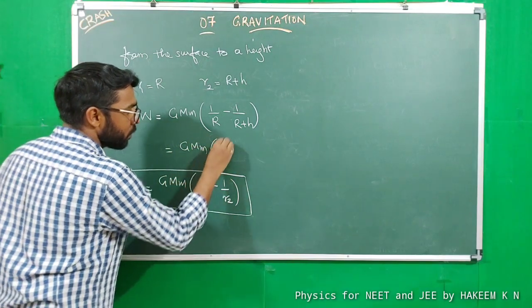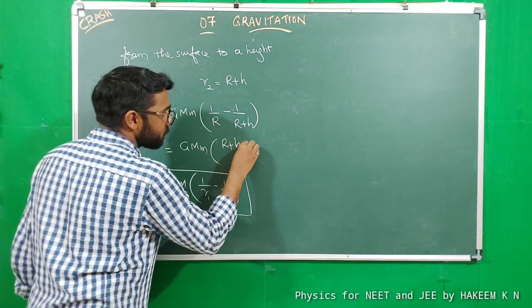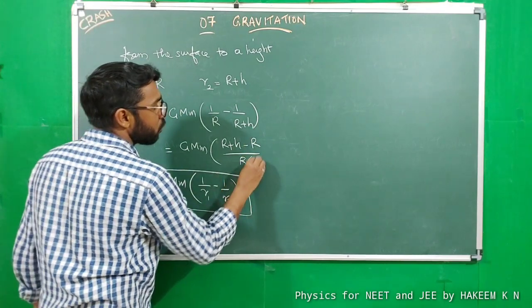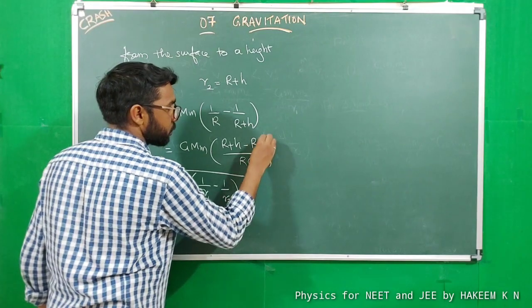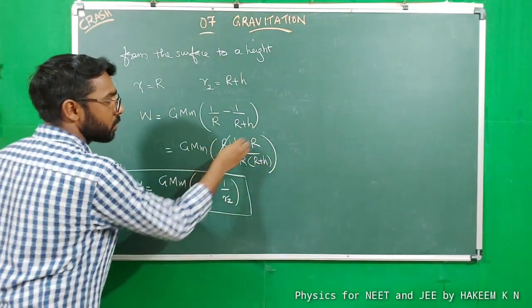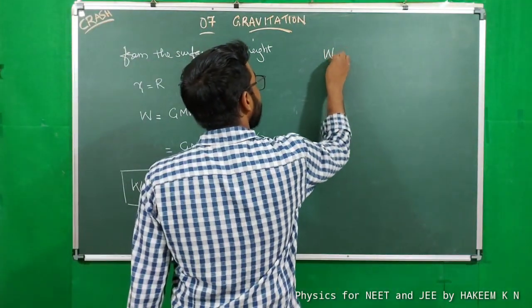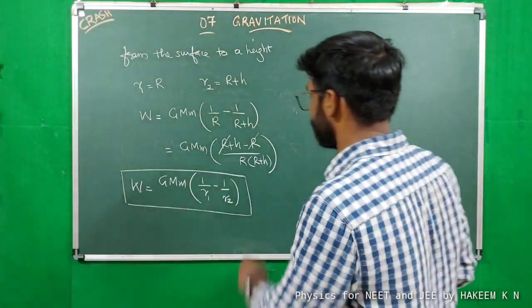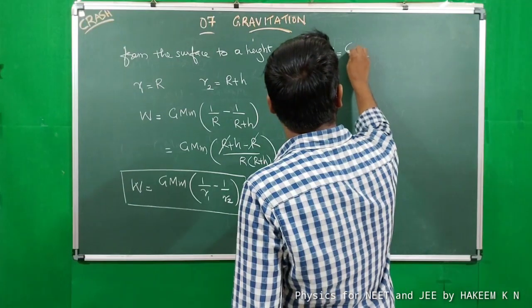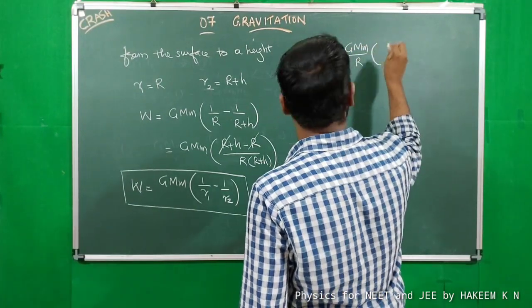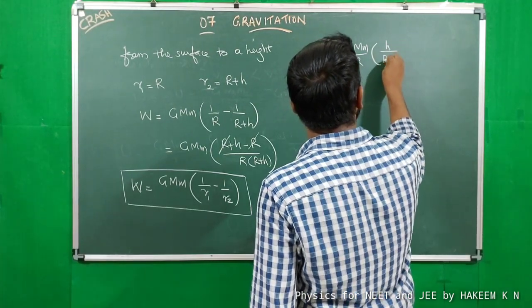GMm into R plus h minus R divided by R into R plus h. So we will get W, work done, equals, this R we can take outside, GMm by R into h by R plus h.